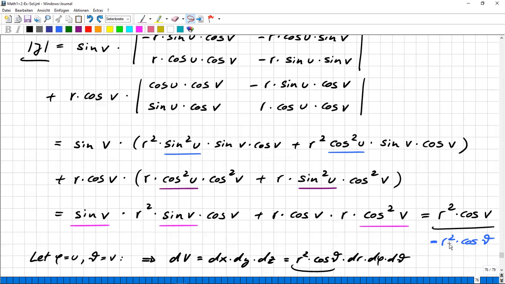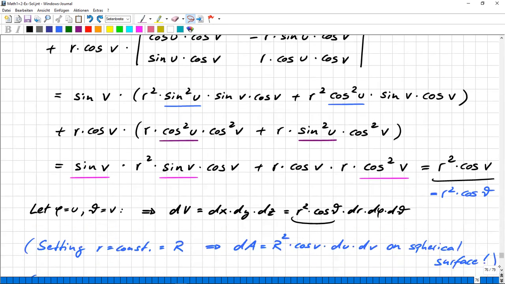So the end result is that a differential volume element, which is regularly the product of the Cartesian differentials, equals, at least in the limit, as you know, this is a differential statement, the product of the spherical coordinates, but with an additional correction factor of r squared times cosine of theta.